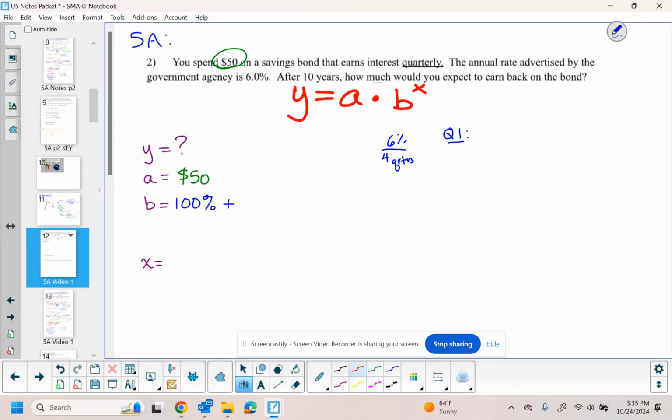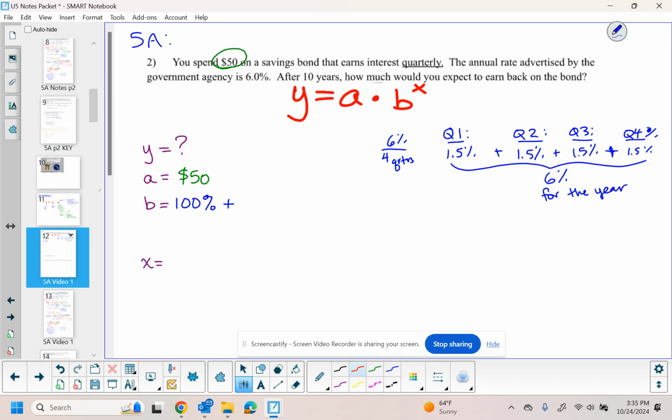In quarter 1, I'm going to earn 1.5%. In quarter 2, I'm going to earn another 1.5%. Quarter 3, I'll earn another 1.5%. And then quarter 4, I will earn the last 1.5%. And that will total altogether my 6% for the year.